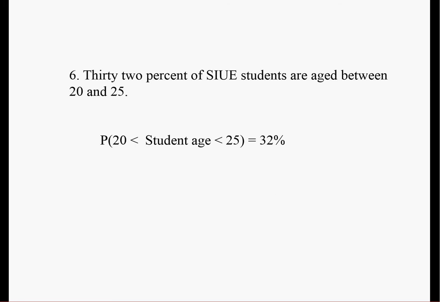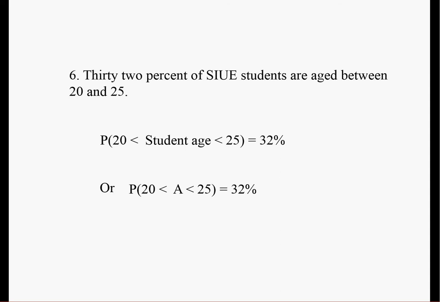Now, some students like to use a more succinct expression, and some students may use such expression as the probability for A lie between 20 and 25 equal 32%.